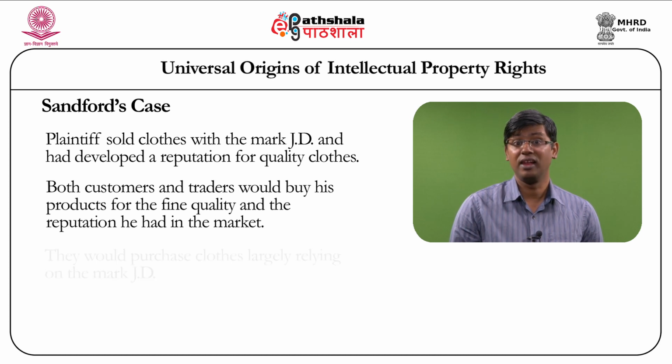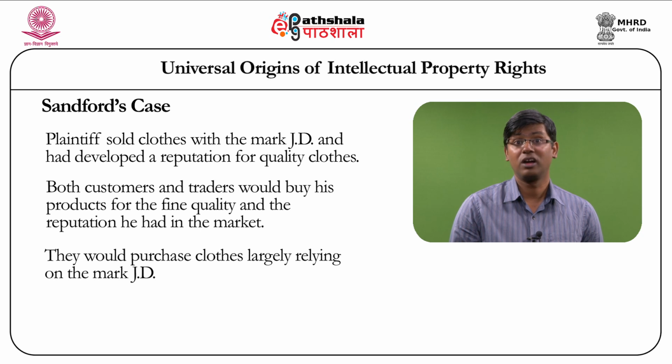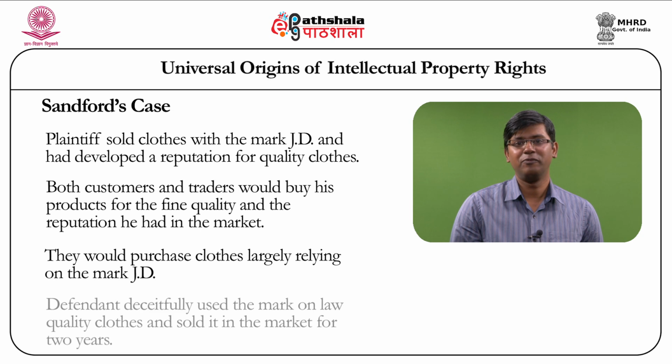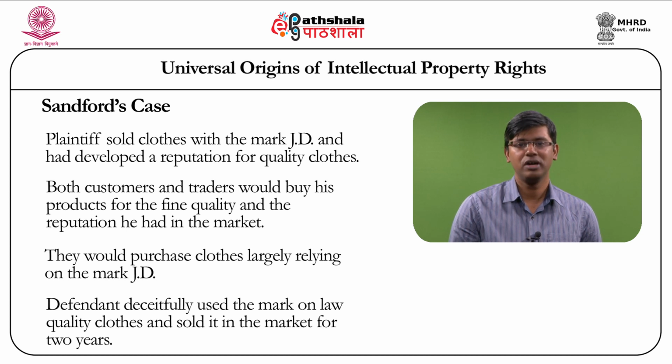This meant that they largely relied on the mark JD, which represented a certain kind of quality and told them that it originated from a particular place or particular manufacturer. Unfortunately for the plaintiff, the defendants deceitfully used the same mark JD on clothes, but the quality of these clothes was much below, and they used it for a period of 2 years, which resulted in a slump in sales for the plaintiffs.